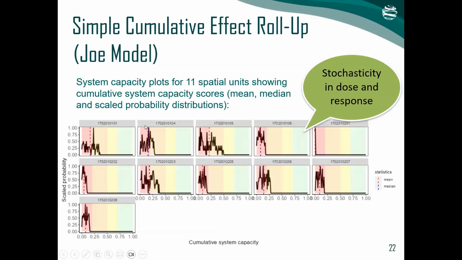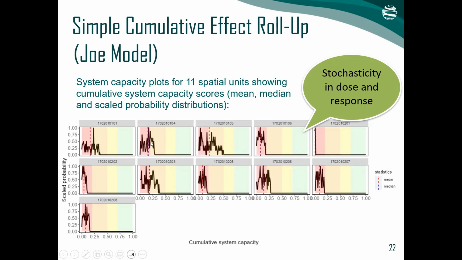When we run the Joe model, we actually generate a distribution of values for each stressor in each location. So here in this example, we can see a number of different locations with individual plots, and then their cumulative system capacity score, just the mean value shown as the red line.